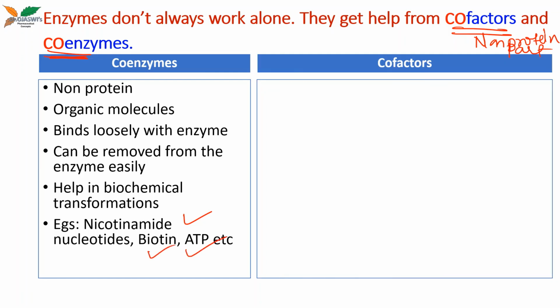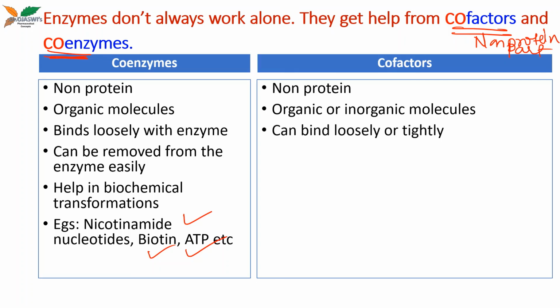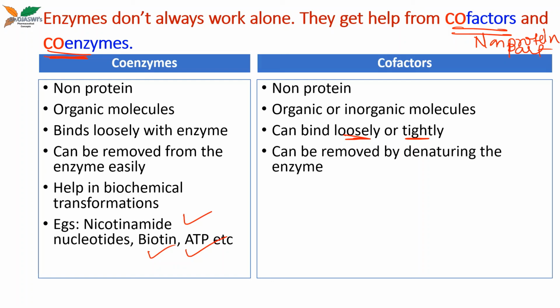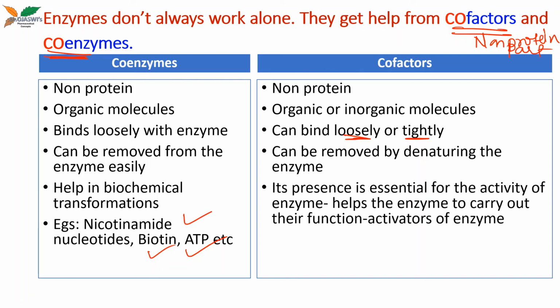Let us see what cofactors do. What are cofactors? These are also non-protein, as we have seen. These could be organic or inorganic molecules and they bind either loosely or tightly. Based on their loose binding or tight binding, again there will be subtypes. They can be removed by denaturing the enzyme and their presence is essential for the activity of the enzyme.